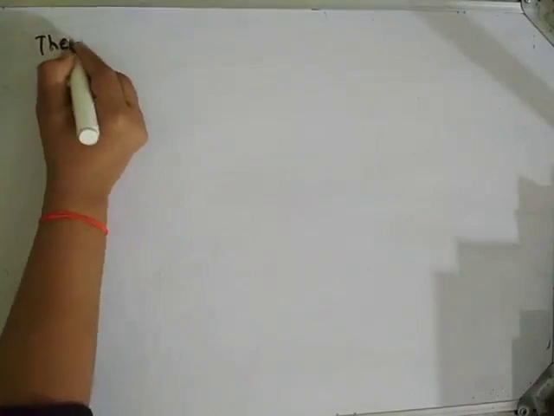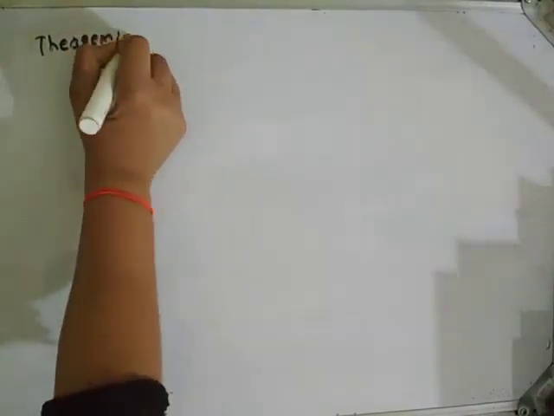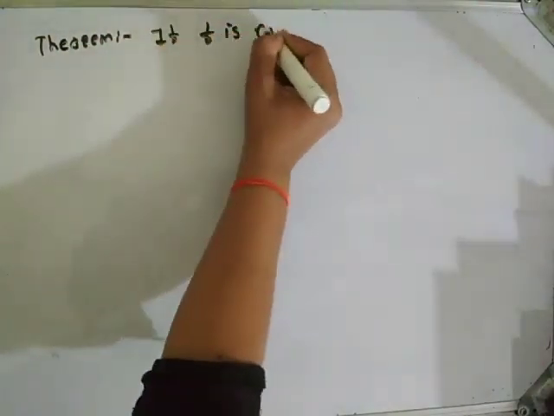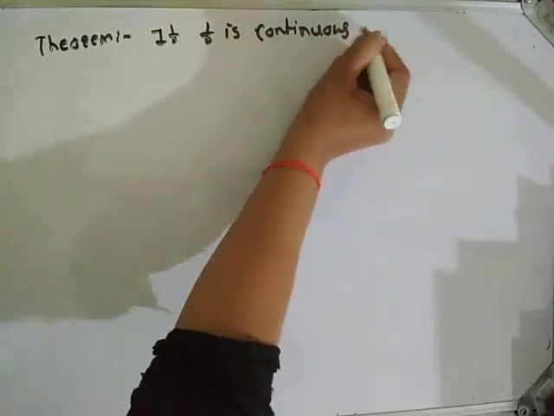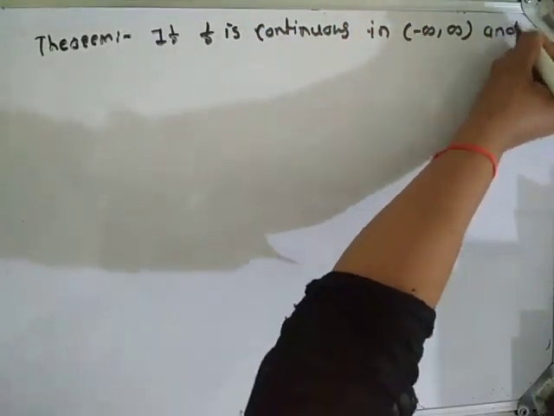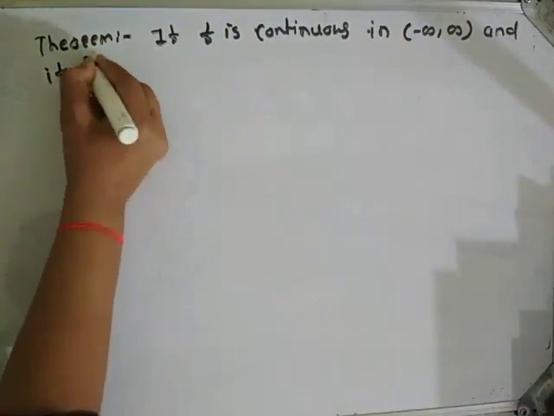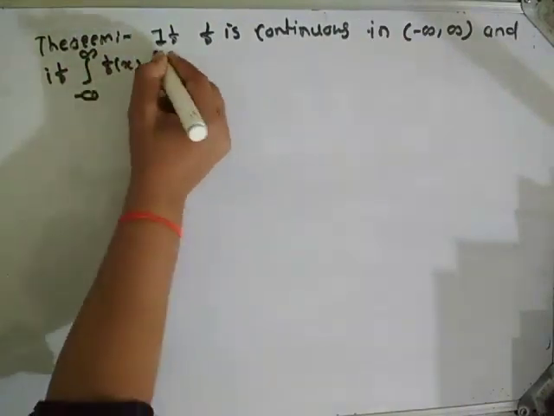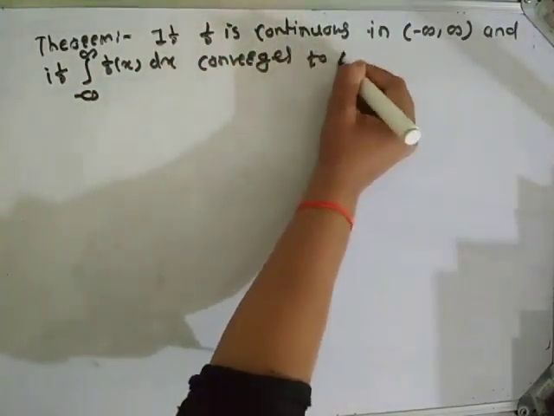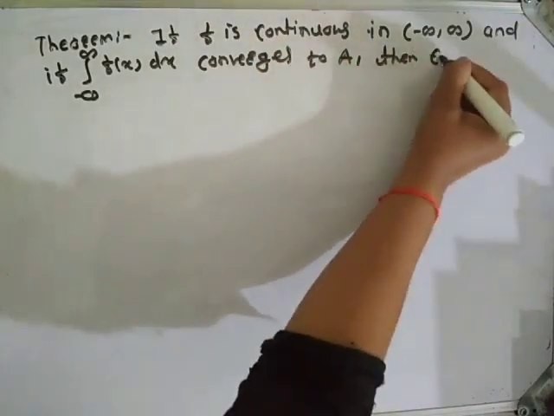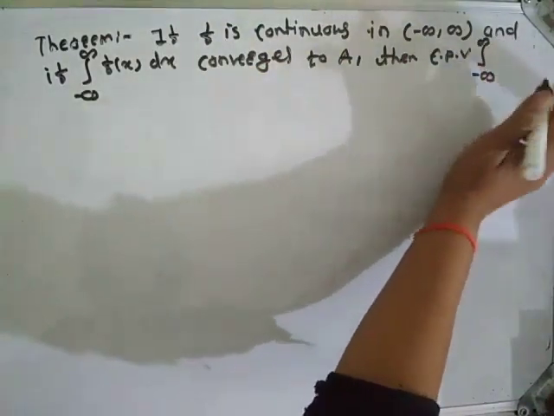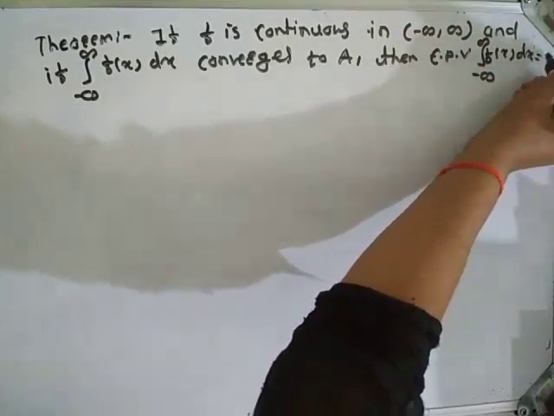But let us take one theorem. If f is continuous in open interval minus infinity to infinity, and if integration from minus infinity to infinity f of x dx converges to a, then CPV, Cauchy principal value of integration from minus infinity to infinity f of x dx is equal to a.